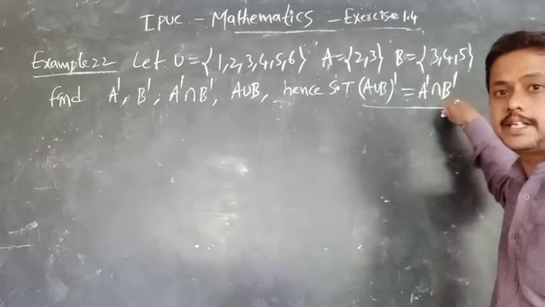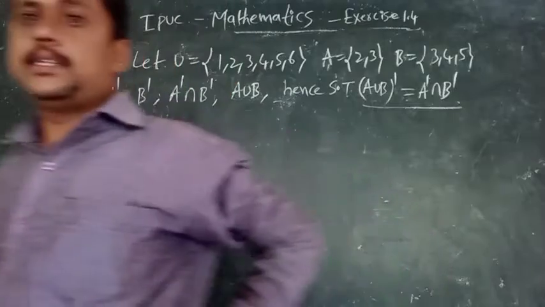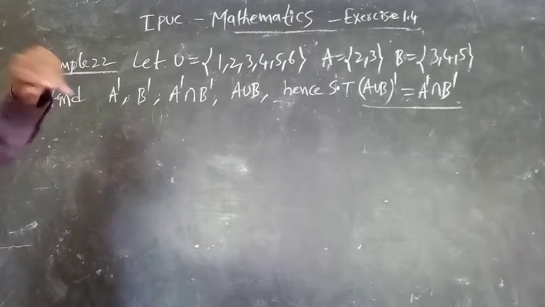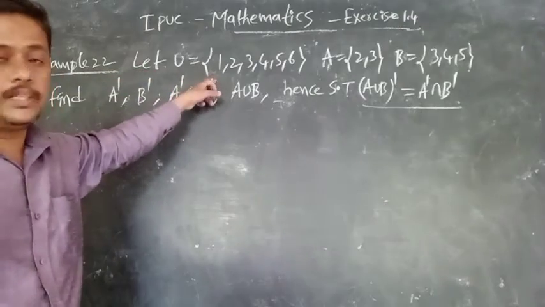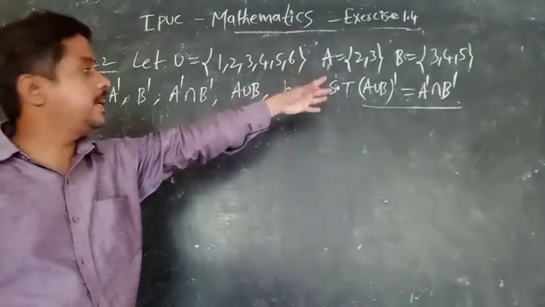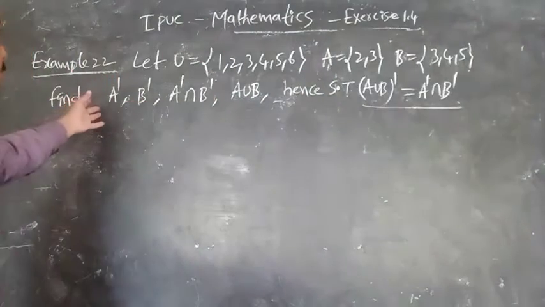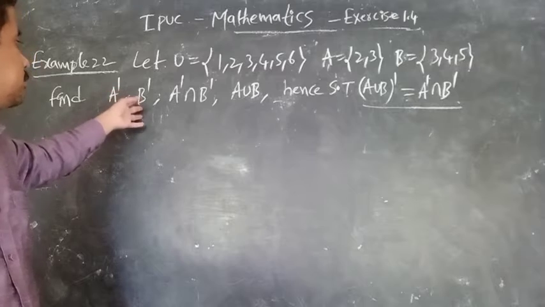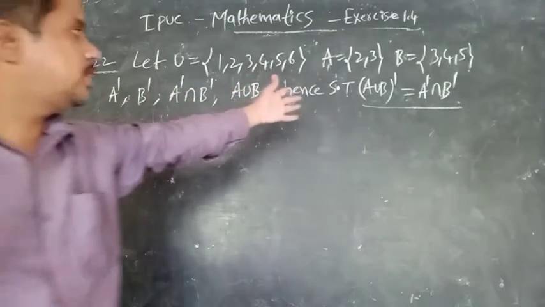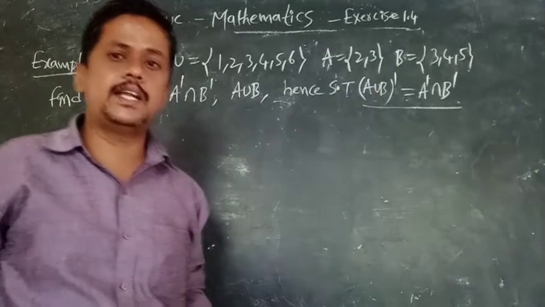U is given as 1, 2, 3, 4, 5, 6, A is 2, 3 and B is 3, 4, 5. We have to find A dash, B dash, A dash intersection B dash, and A union B. Hence we have to show that A union B whole dash equals A dash intersection B dash.